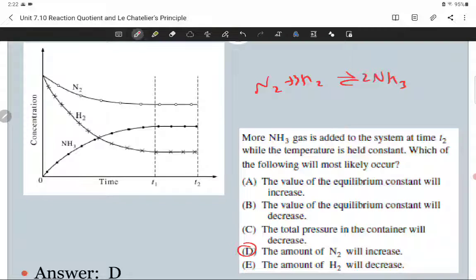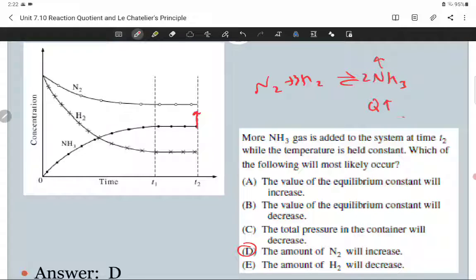You add more of the ammonia. So here is where you're adding ammonia. If you add ammonia, what will happen? Well, your Q is going to increase because the NH3, the ammonia concentration or partial pressure, is going to be on the top of the fraction for our Q expression.